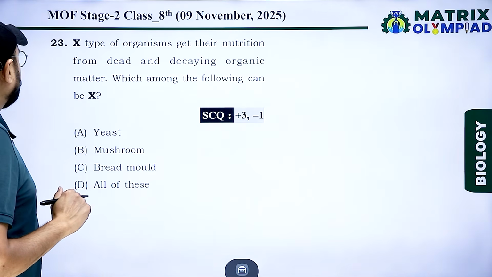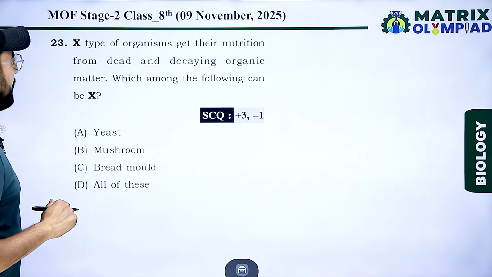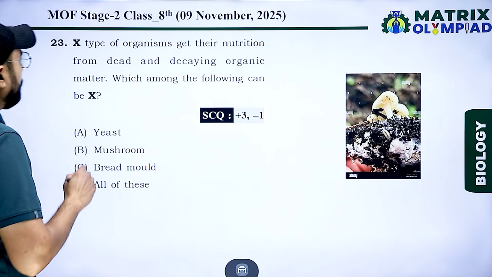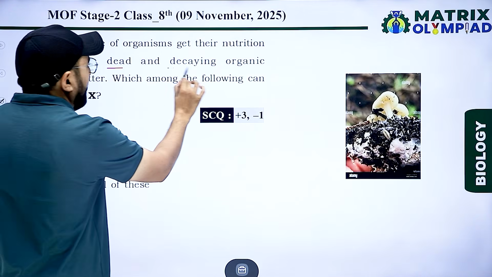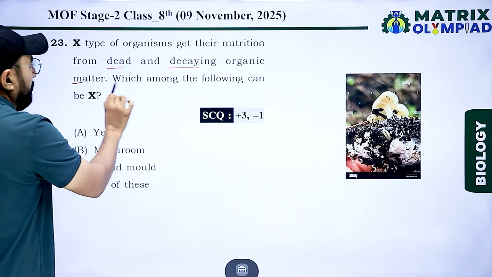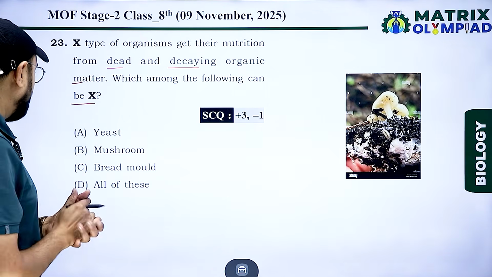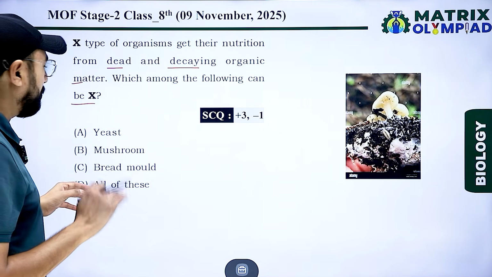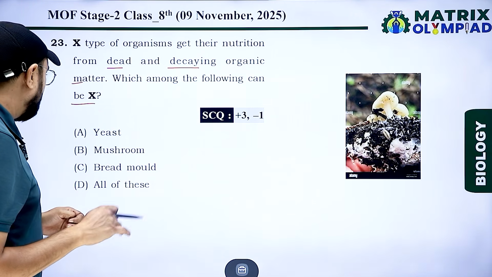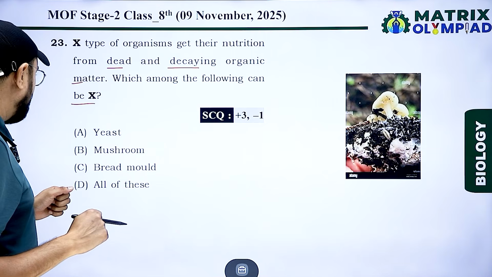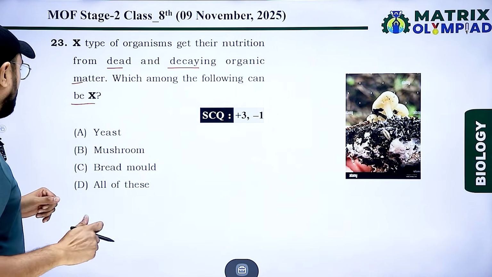Next question. X type of organism gets their nutrition from dead and decaying organic matter. Which among the following can be X? A. Yeast, B. Mushroom, C. Bread mold, and last D. All of these.